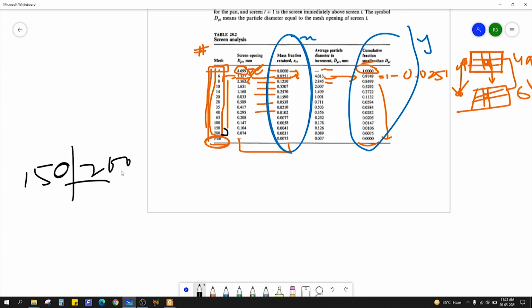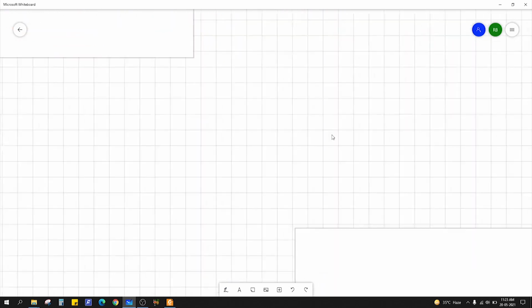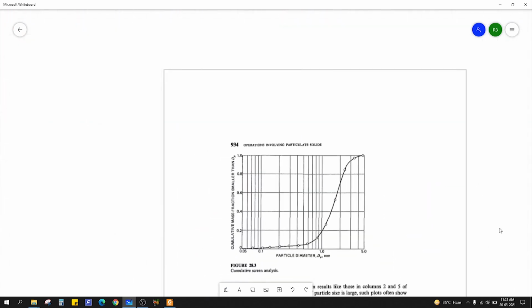What is the increment in this? You can find it here, this one. You use these values to calculate Ni, the number of particles in that increment. You know the formula.